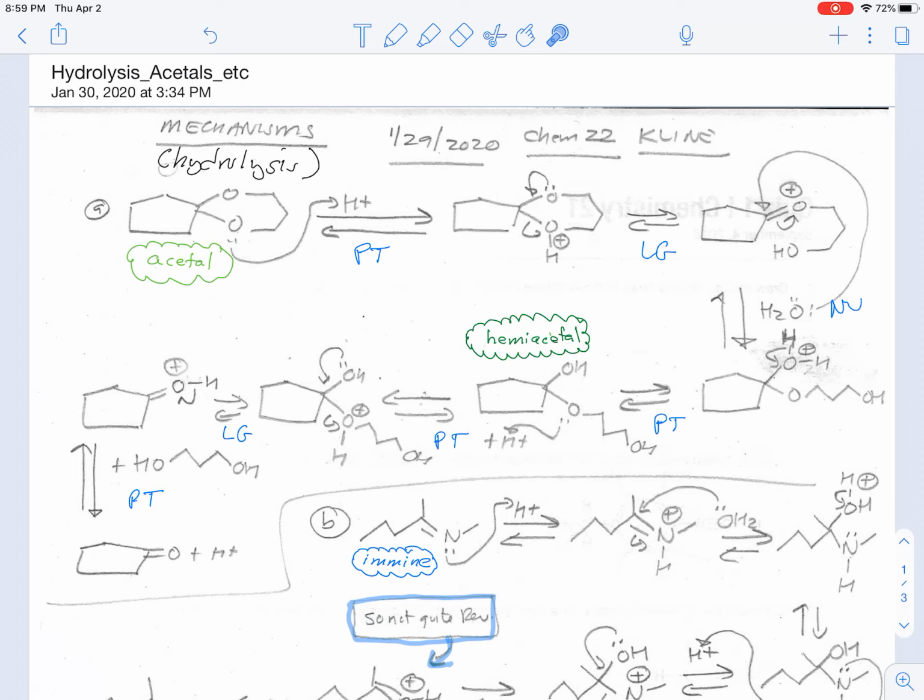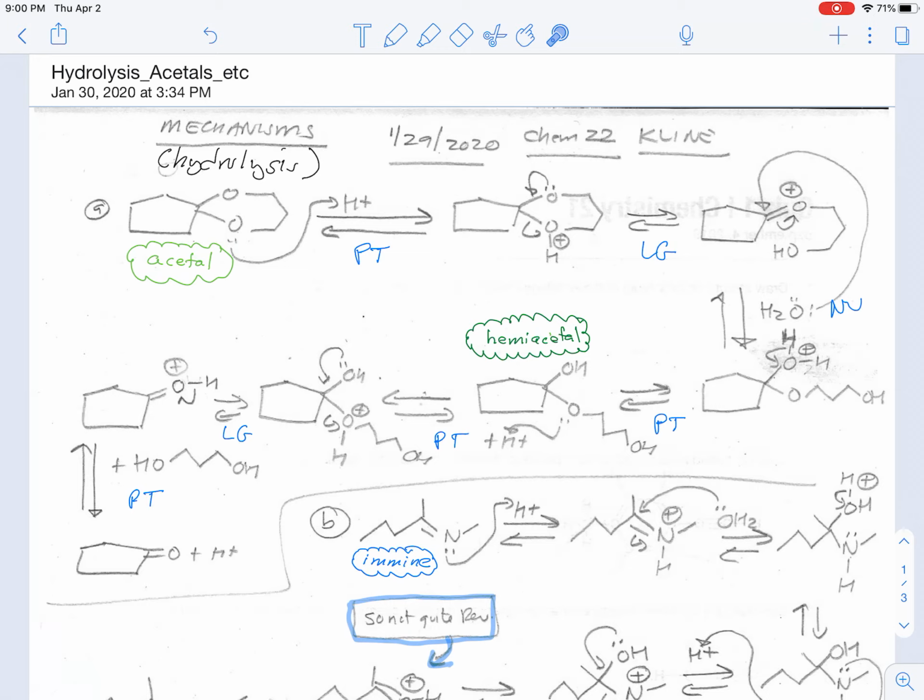The leaving group now leaves, and unlike a regular SN1 reaction, in this case we have another oxygen with a lone pair that can move in and stabilize that carbocation. Sometimes you'll see this written as two steps, the leaving group leaving and then the resonance.